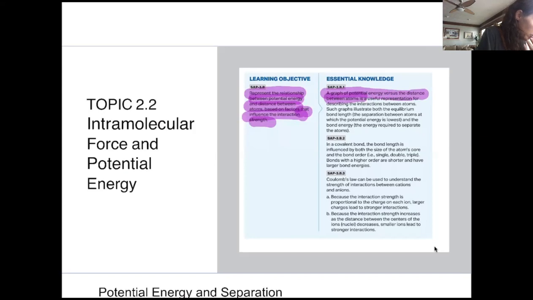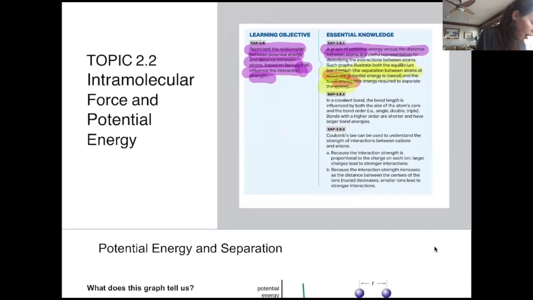These graphs illustrate both the equilibrium bond length, where we have the lowest potential energy, and the bond energy. So we'll be looking at bond length and bond energy.